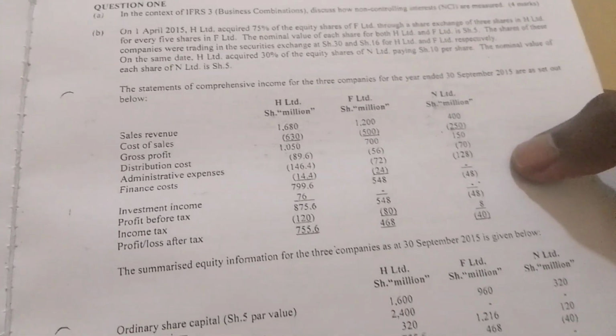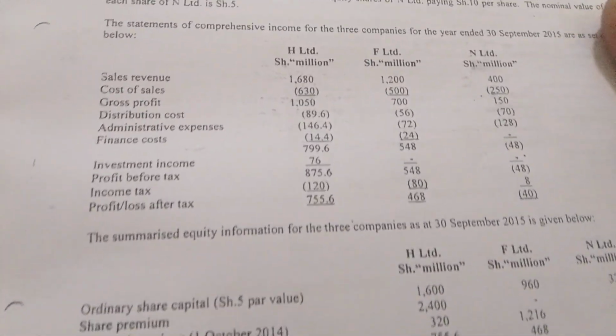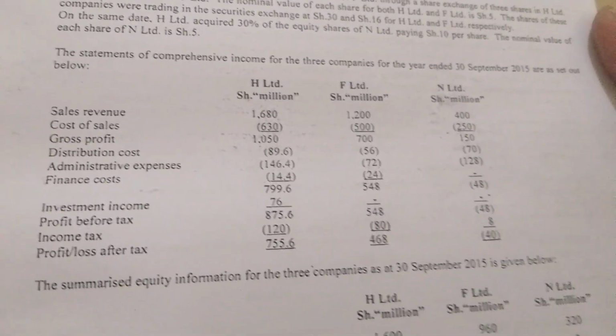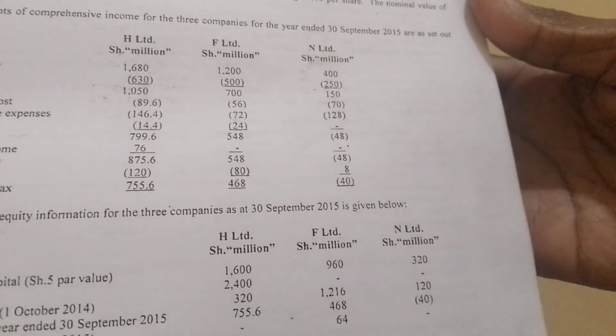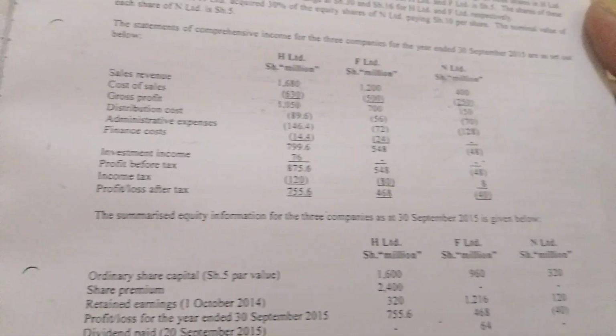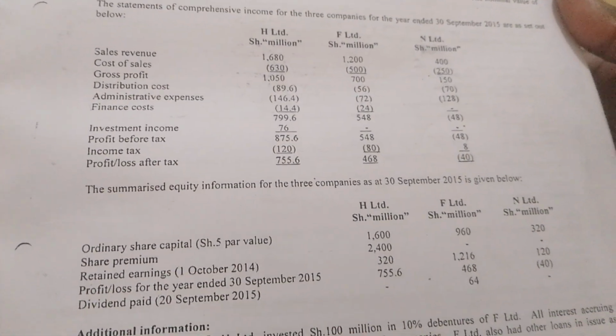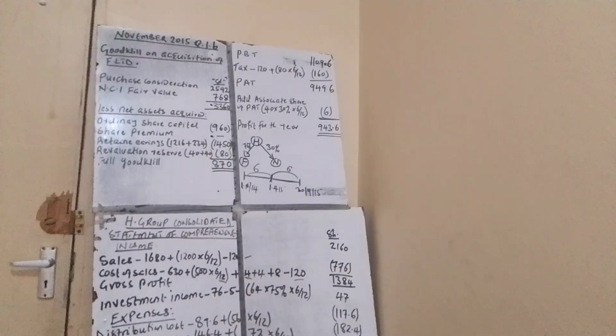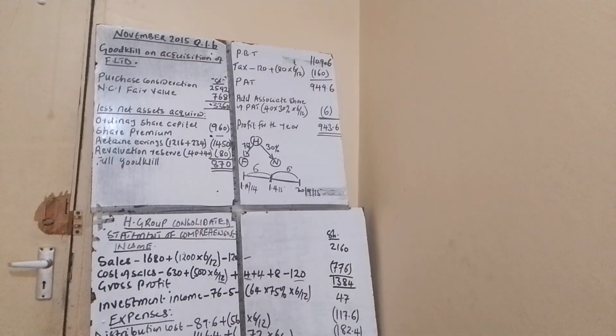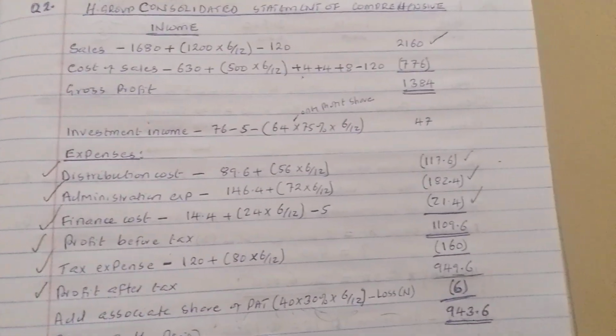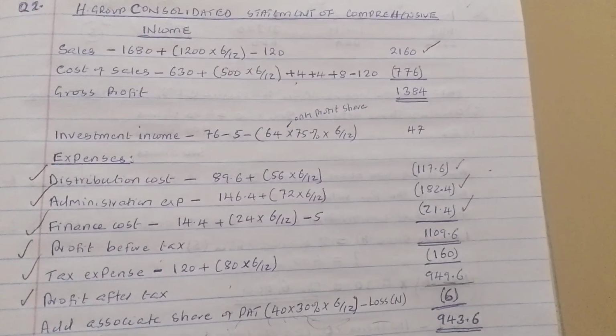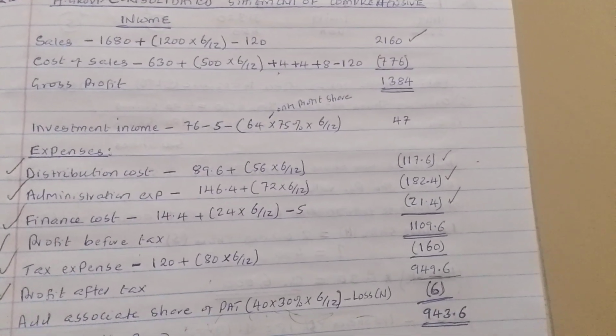You can see investment income of 76 in H. For F, there is no investment income, and for N, there is no investment income. So investment income 76. We are taking 76 now minus 5. We are minusing 5 because when we invested in those debentures, we are receiving interest of 5. But we can't receive income from ourselves.